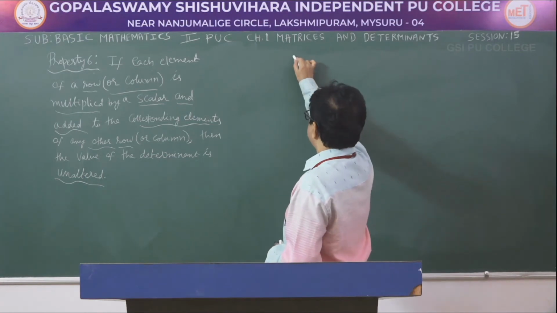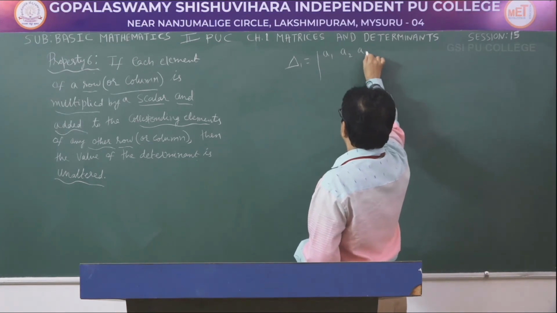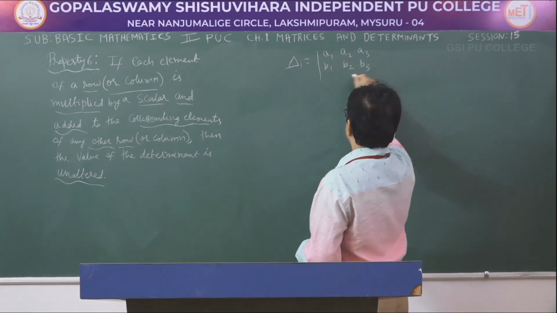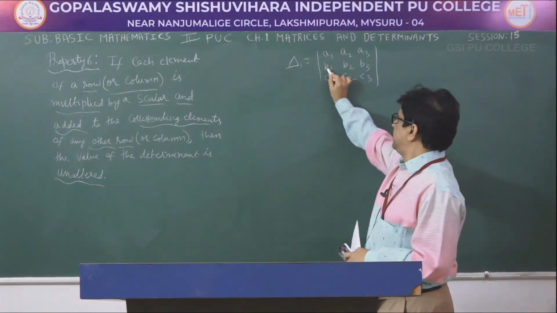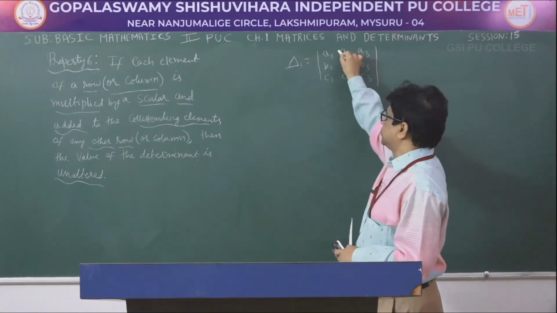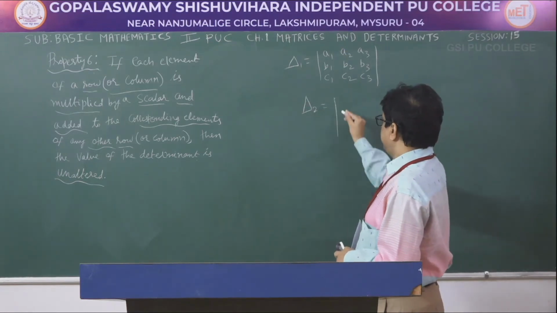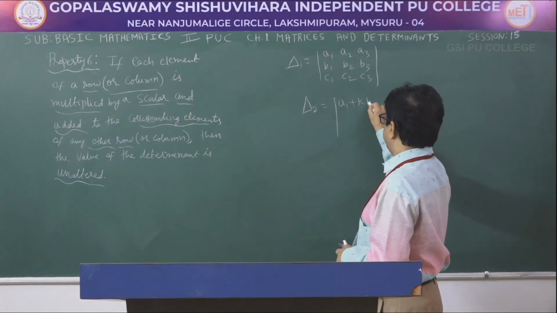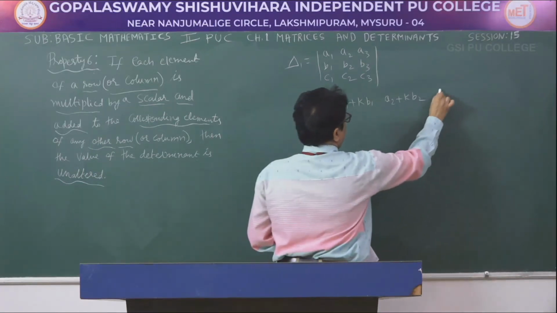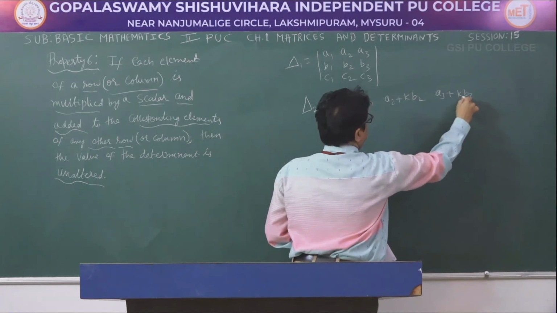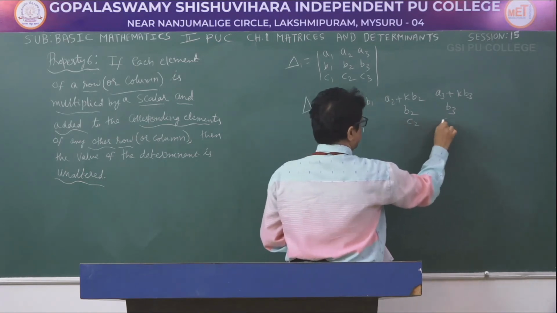That means, suppose delta 1 is equal to the determinant of a1, a2, a3, b1, b2, b3, c1, c2, c3, and we multiply the elements of the second row by k and add to the corresponding first row, that is delta 2 is equal to the determinant of a1 plus kb1, a2 plus kb2, a3 plus kb3, and the remaining elements as it is, c1, c2, c3.